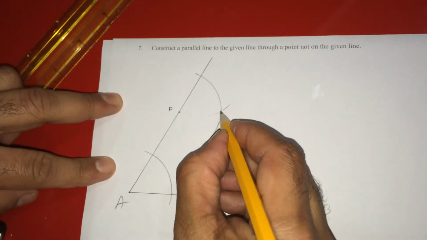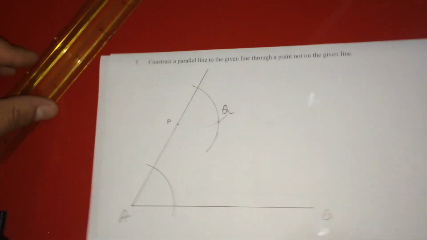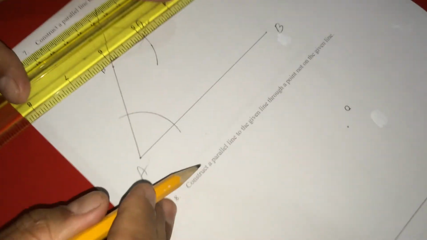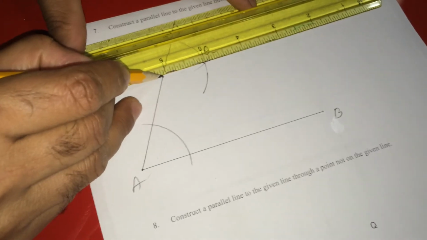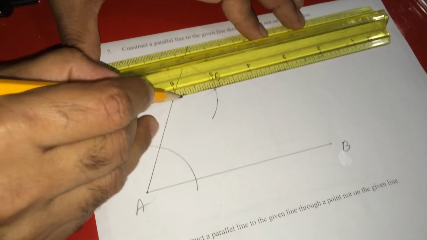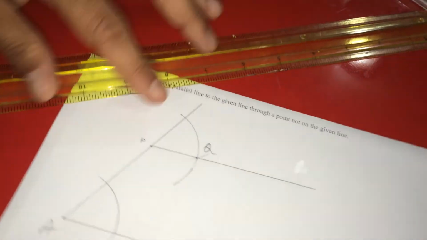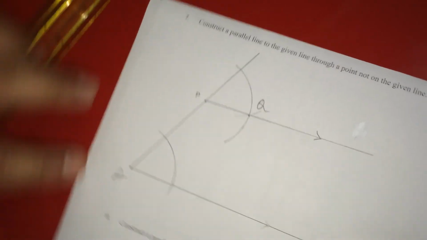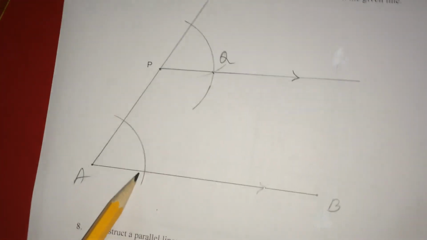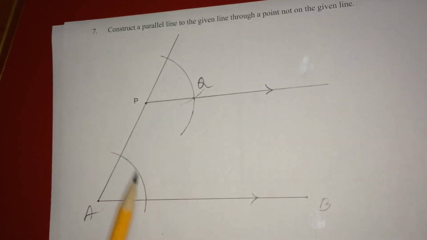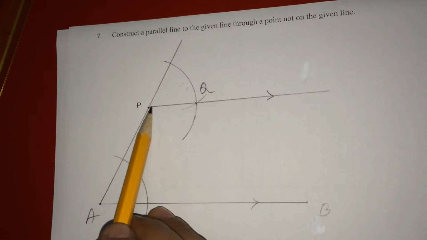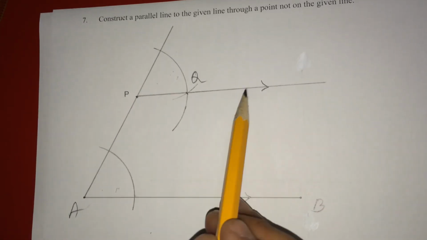You can call this Q. Now you join PQ in this way. If you join PQ, definitely this line will be parallel to this line. One more time I repeat, this one is the corresponding angle here. If you construct the same angle here, these two are corresponding angles, therefore they will be equal. Automatically this line will be parallel to the given line.